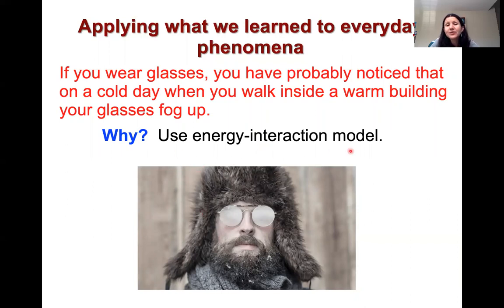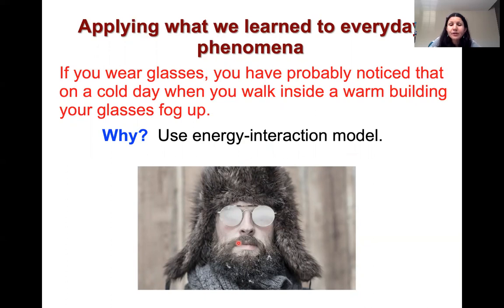We can do that using our energy conservation understanding. So let's think about this. You walk suddenly into a warm building. So what do you have? You have cold glasses interacting suddenly with warm air. So we know how heat will flow.